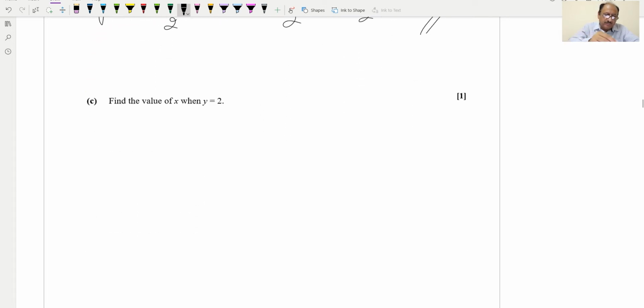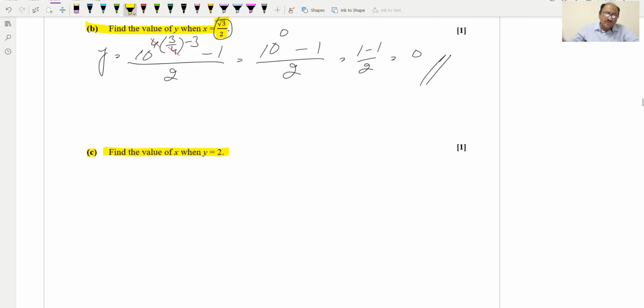Now for C part, they are saying find the value of x when y is equal to 2. So same equation we will use again.